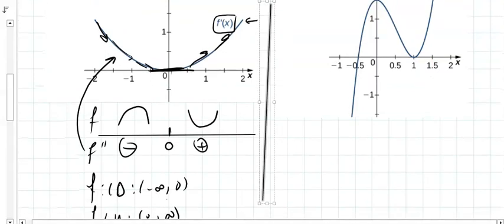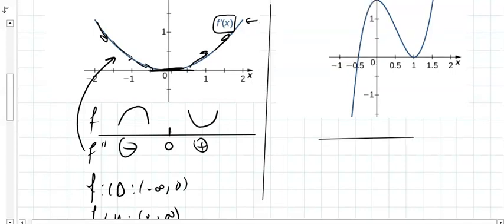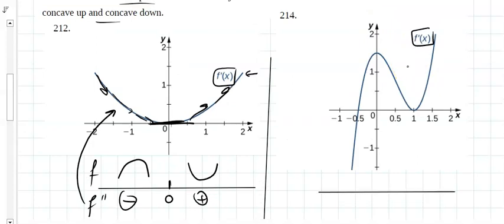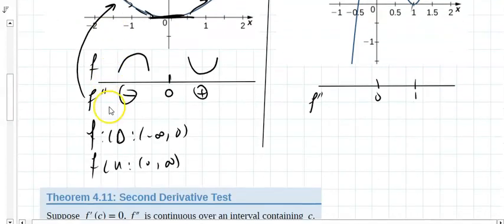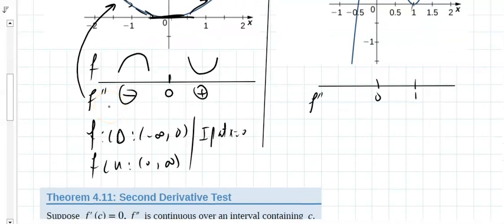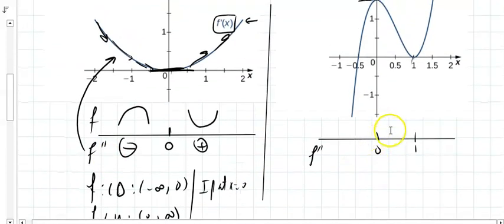I'll put a number line right there, and again, this is what we're going to use all the time. Remember, this is the graph of f prime. The derivative of that is the slope of the tangent. The slope of the tangent will be 0 there and there. Oh, and I forgot here. We have an inflection point at x equals 0 because you switch from concaving up to concaving down.